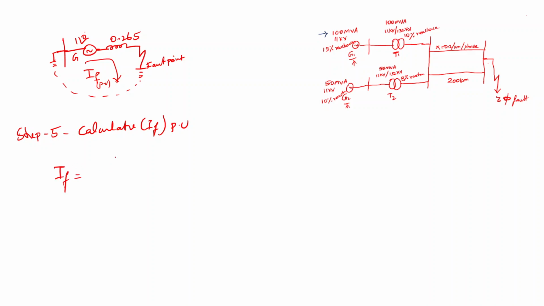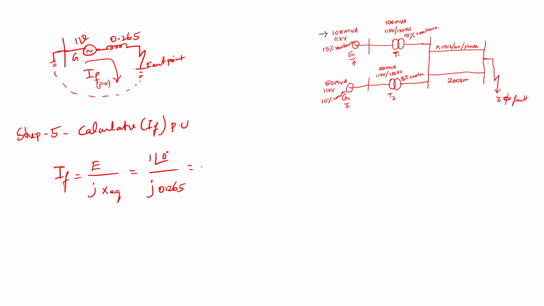IF is nothing but E by J X equivalent. In the last class also we have seen. Here E value is 1 angle 0, so we will consider only 1, we will not consider the angle. And also the value of J X equivalent is J 0.265.